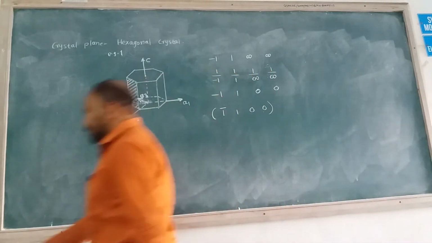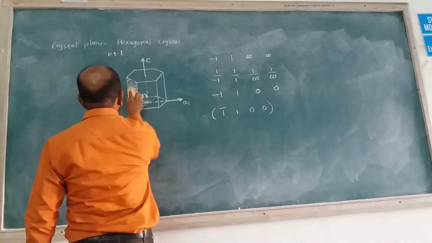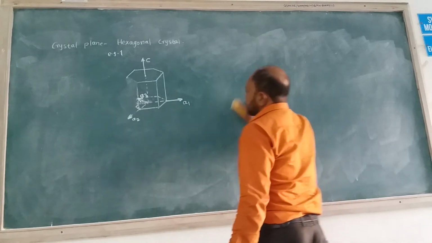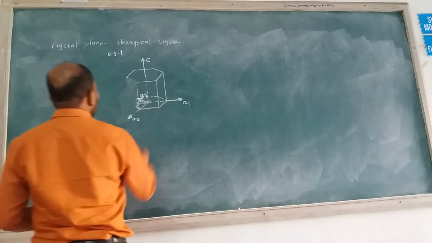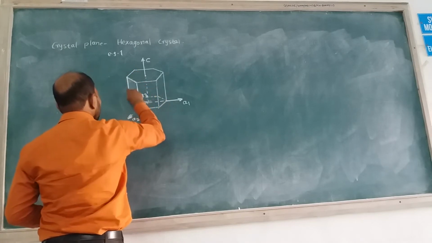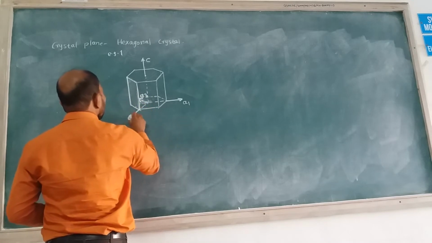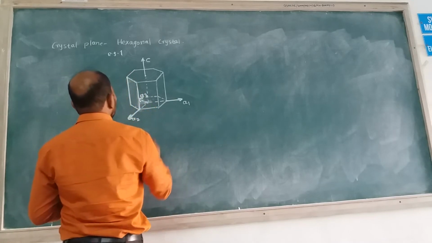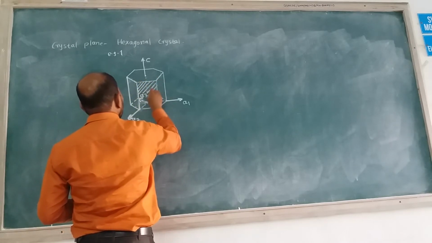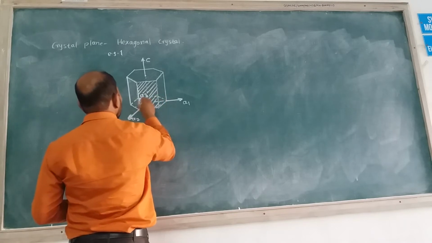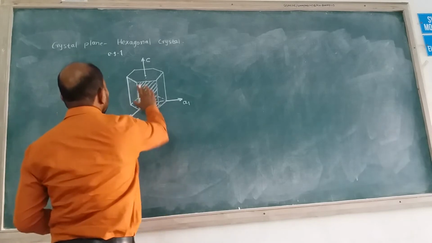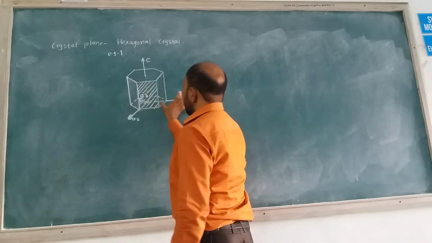If we take another example, if we want to represent this shaded plane, again we check the A1 distance.